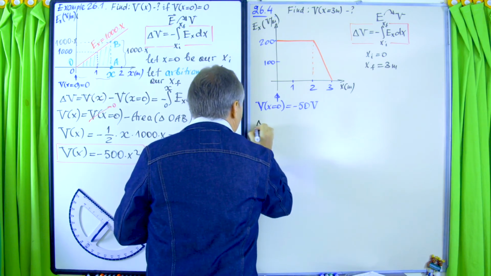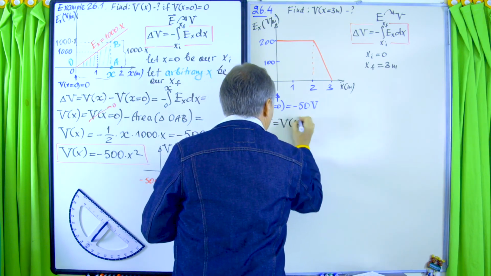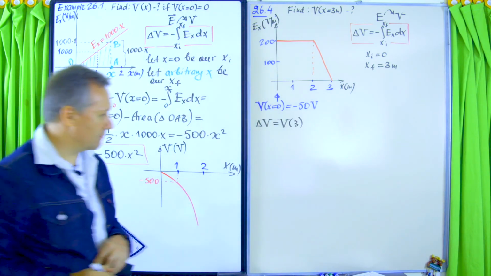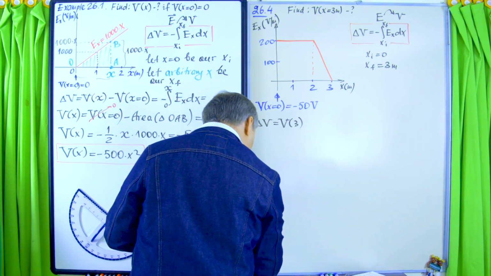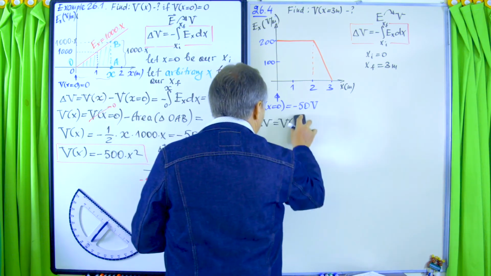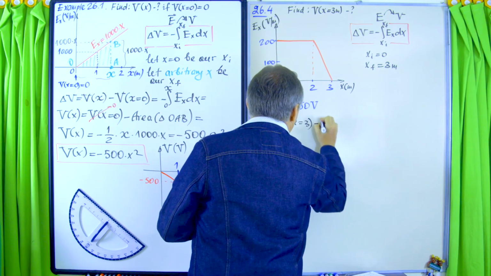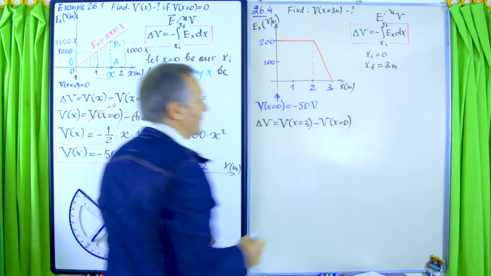So it will be delta V equals V at 3. You know what, I can even use the subscript. It doesn't matter, let me use it like this. V at x equals 3 minus V at x equals 0, right?